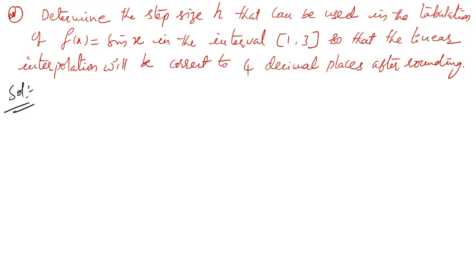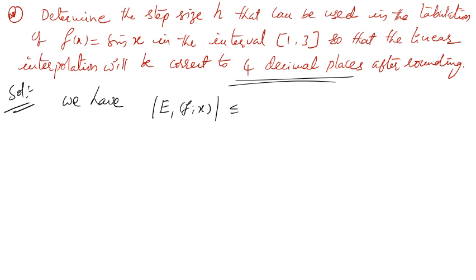Now, seeing here, we have to determine the step size and the accuracy is given. What is that? 4 decimal places. Therefore modulus of E1 of fx is less than or equal to what?